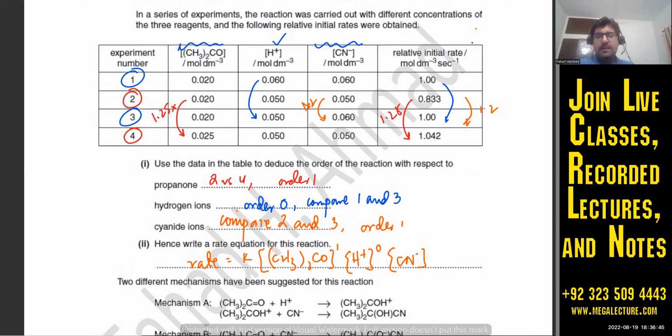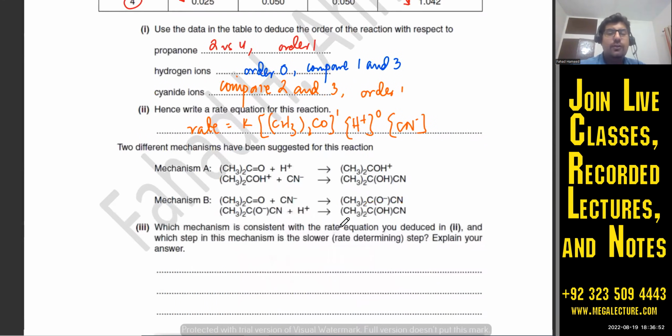Okay, let me do the last one. I told you about mechanisms that anything that's involved in the fast step will have 0 order. Anything involved in the slow step is going to have order 1 or order 2.